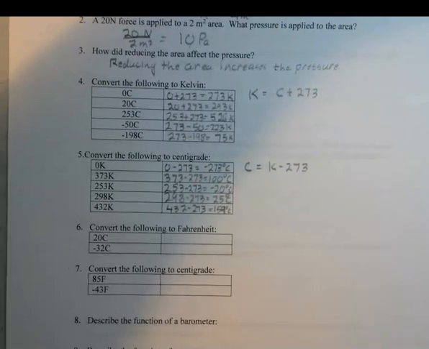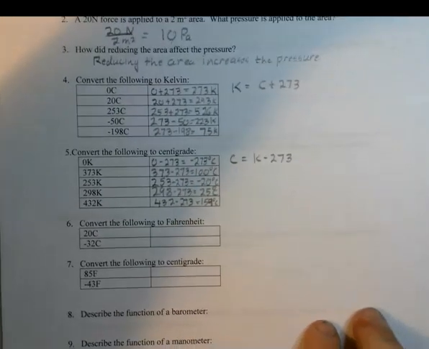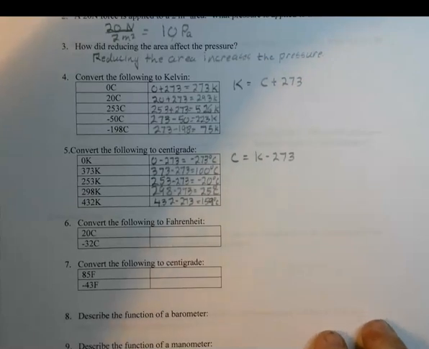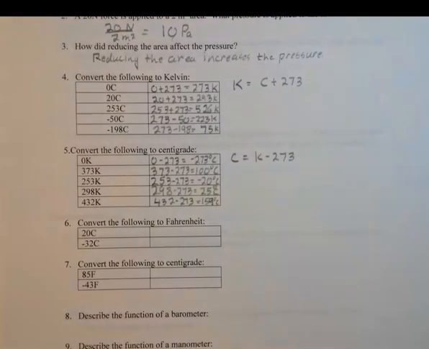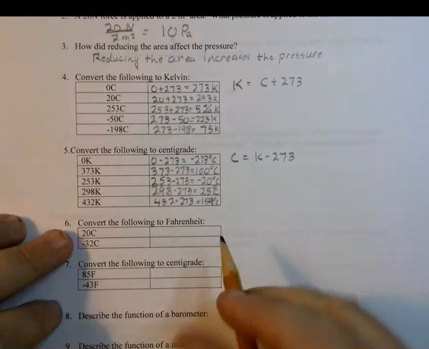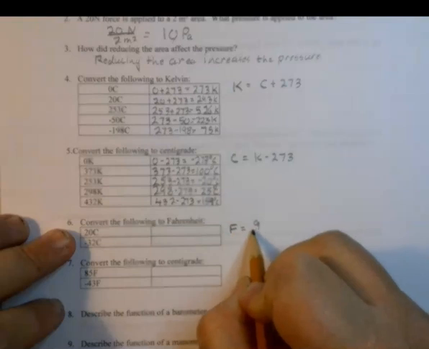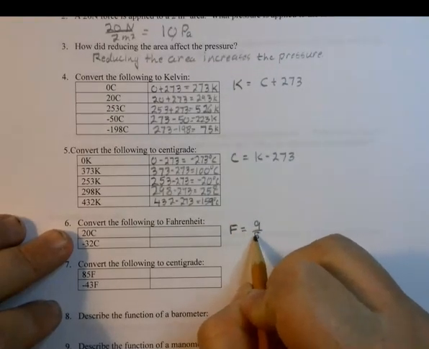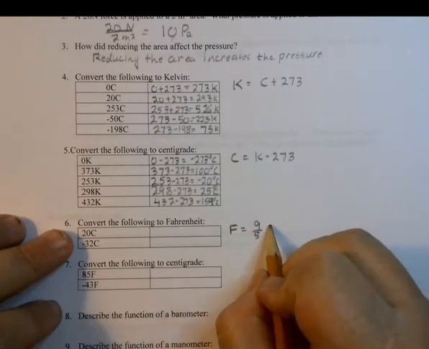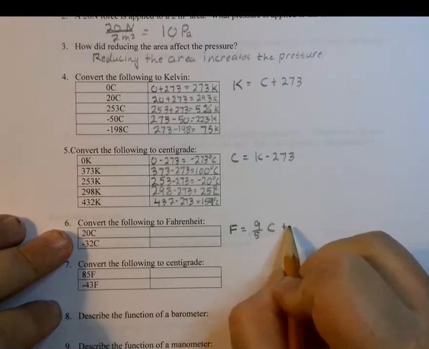All right, now we never use Fahrenheit in chemistry. It's the scale used here in the United States when you watch the weather and they give you temperatures in Fahrenheit. But let's just do a couple just to be sure you know the conversion. So to convert to Fahrenheit from centigrade, the formula is Fahrenheit is 9/5, sometimes you'll see it 1.8, it's the same thing, times the centigrade temperature plus 32.